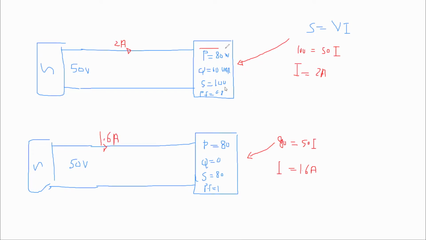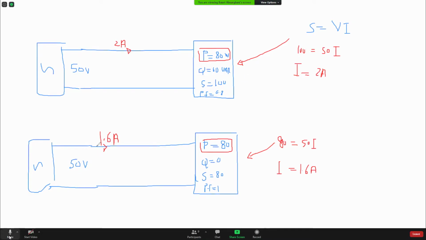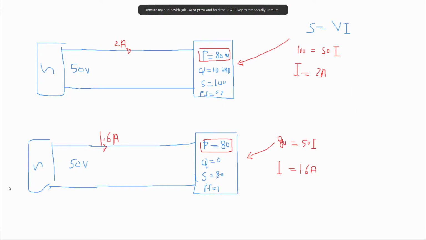P is the same. This is the useful power. Q reduced. Power factor increased. Current in the line reduced. So between this and this, what happens when we go that way?